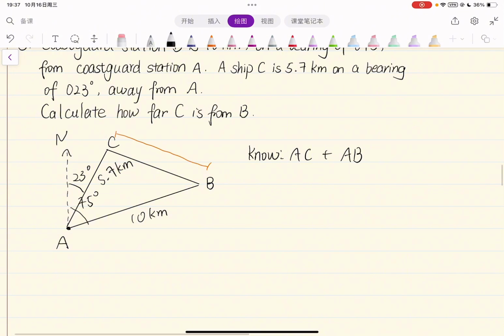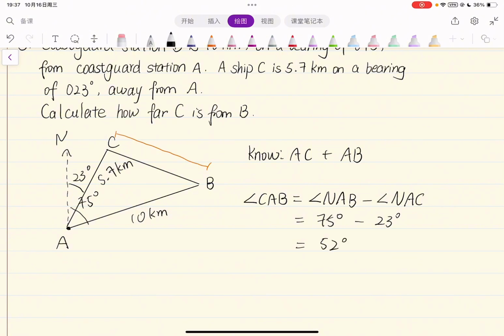Well, the angle between AC and AB, we can also get it by calculating. We have angle CAB equals to angle, let us say, NAB minus angle NAC equals to 75 degree minus 23 degree. That equals to 52 degree.